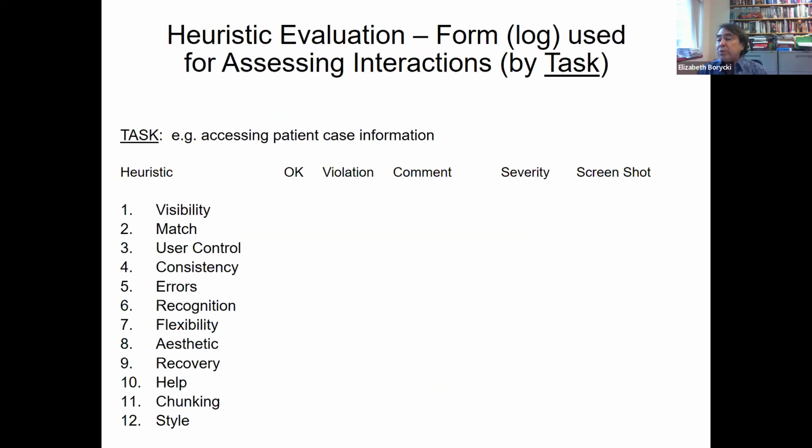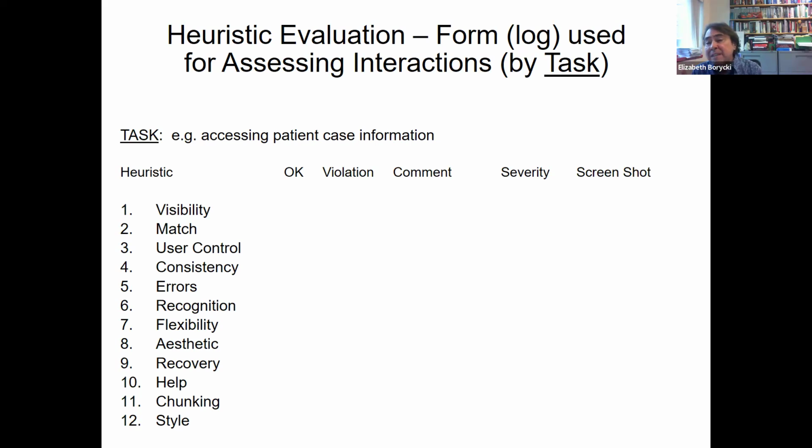Oh yeah, this was like a work form you can use. You specify the task, for example, you're using a system to access patient case information. On the left-hand side of the form, you can list the heuristics, and we'll talk about adding heuristics. We can add other ones specific to things like medication administration, which were developed from the literature.